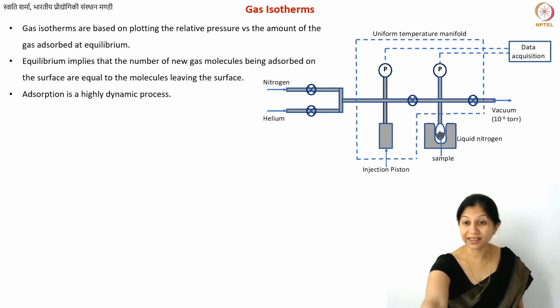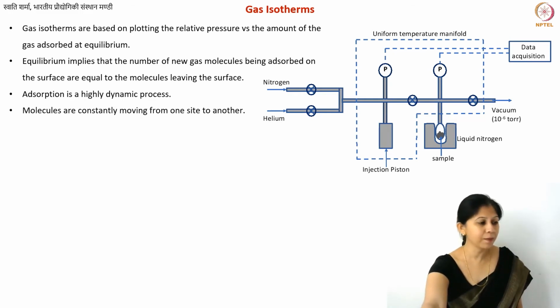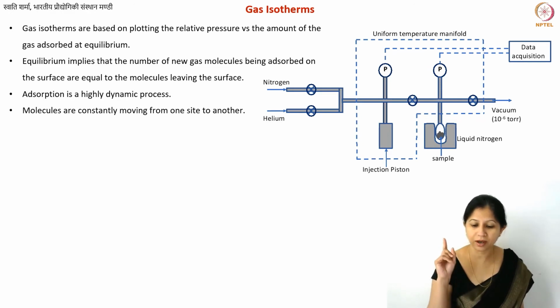Adsorption is a highly dynamic process, and what we want is essentially physical adsorption, but it is also possible that here and there you will have some chemical adsorption. Let's take the example of activated carbons. They have a variety of surface functional groups that depend upon your activation method.